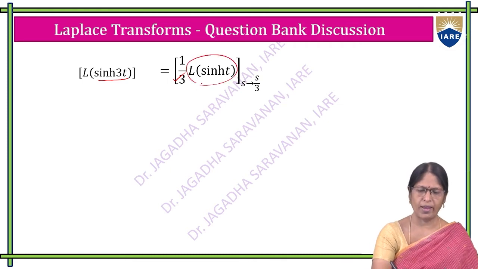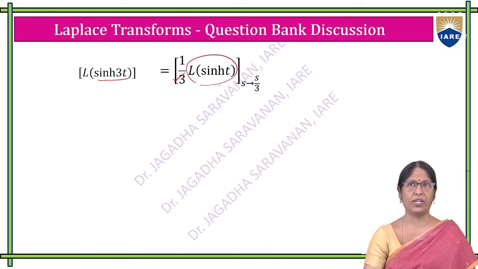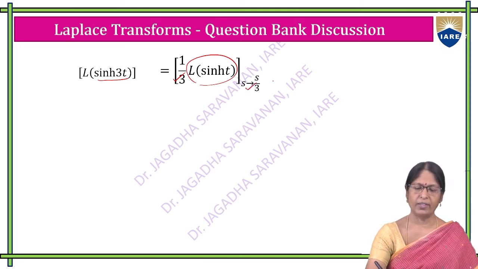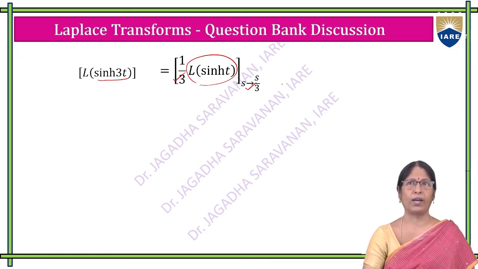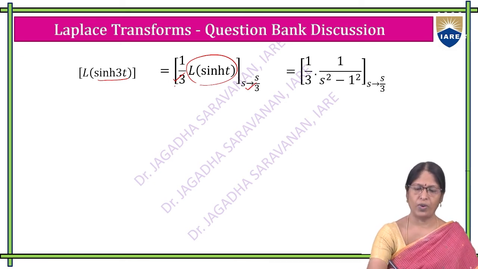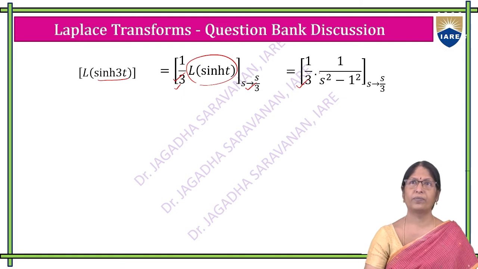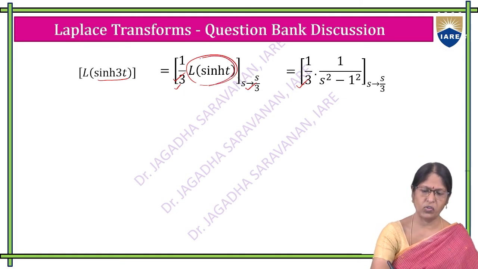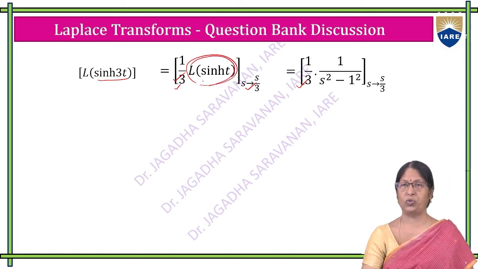Here we will apply L of sinh t. The result what we are going to obtain, there s is replaced by s by 3. So we have written 1 by 3. Here sinh t is there. H is dominating.